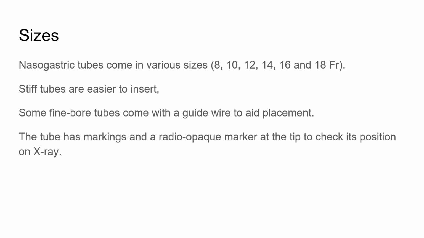So at the tip of the nasogastric tube, the part which is inserted inside will have a radio-opaque marker. This is clearly visible on the X-ray, so that a person can identify that the tip of the nasogastric tube is in the proper position.